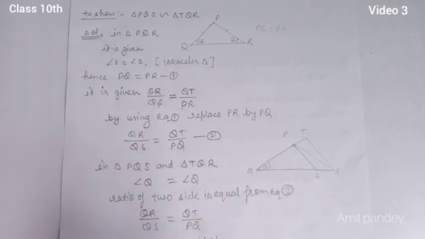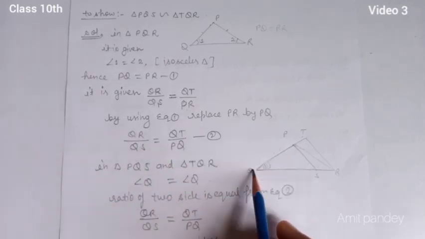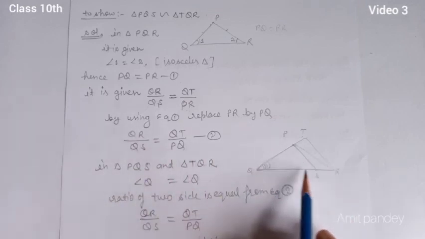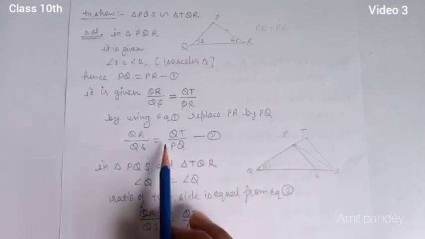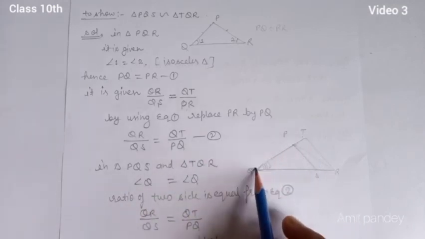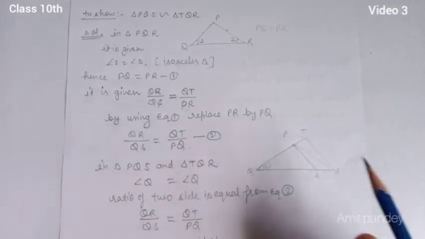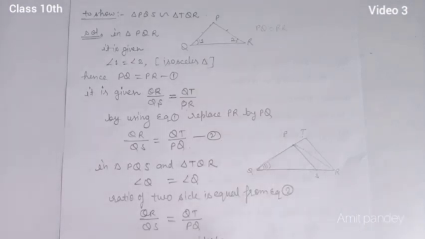Now check the ratio QR upon QS. Here the ratio is equal for these two sides. And now QT upon QP, yes, it is also equal. So we need 3 things for two triangles to be similar.